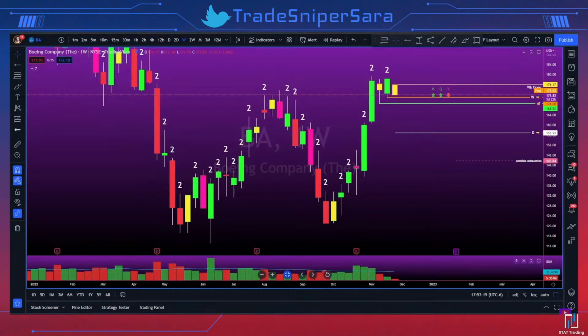And the benefit of this is you still get the higher time frame entry and targets, so the higher time frame magnitude, but on a smaller time frame entry, therefore lessening your risk.